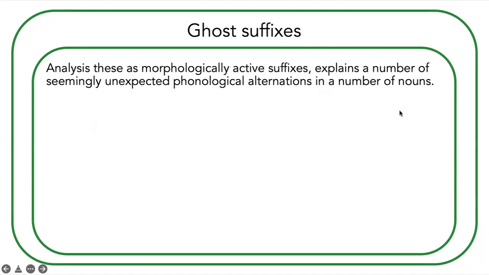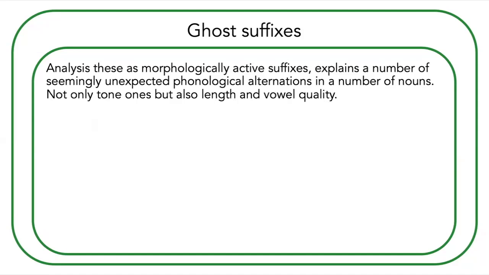If we start thinking of ghost segments in these terms, then a lot of the unexpected alternations that we see between singulars and plurals, which have been called irregular, actually start making sense.